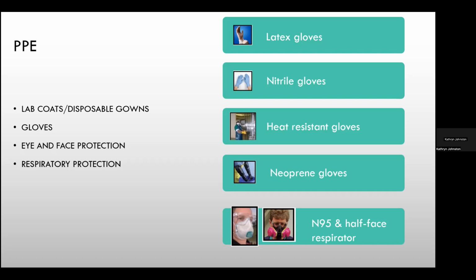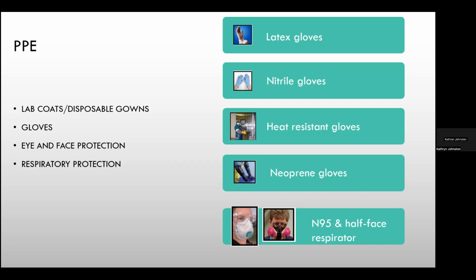And then heat-resistant gloves can be found in areas using autoclaves and other heat or steam cleaning machines. But the person who runs the autoclave in your microbiology department should have heat-resistant gloves for managing the materials that are coming out of the autoclave.